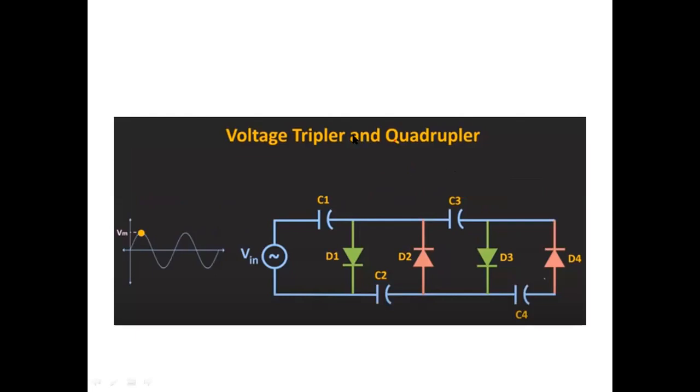Now the voltage tripler circuit and the voltage quadrupler circuit. So C1, C2, D1, D2, now C3, C4, D3, D4. Now we will get the output across C4.